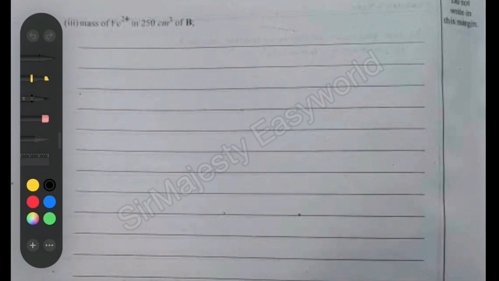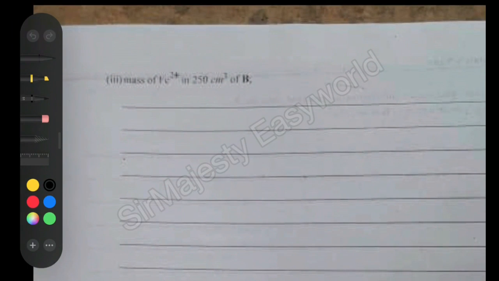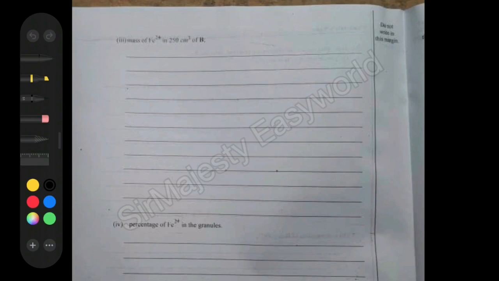go to the next question, and this is the exact III. Maybe it's not clear. The III says mass of iron 2 ion in 250 cm cube of B. Mass, let me recopy it.